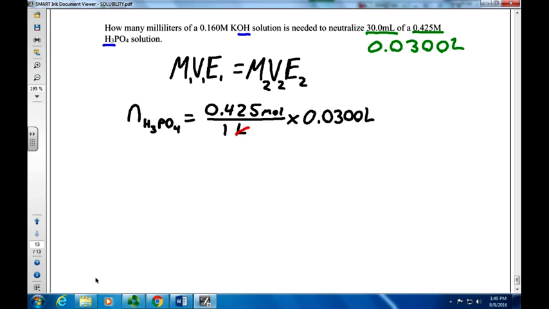Our liters and liters cancel each other out, and we're left with our moles, which are 0.0128 moles.